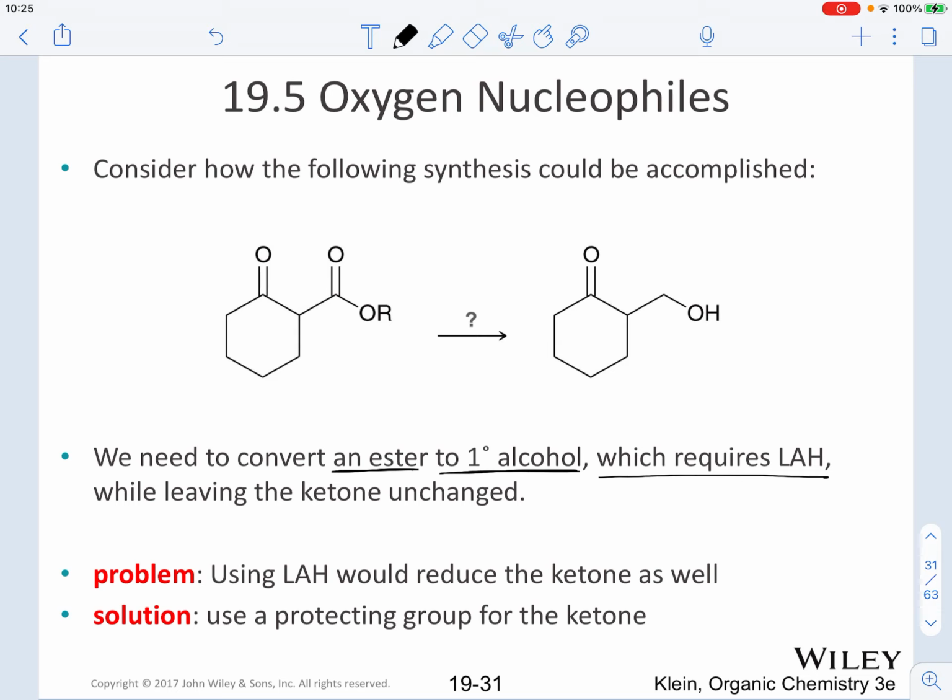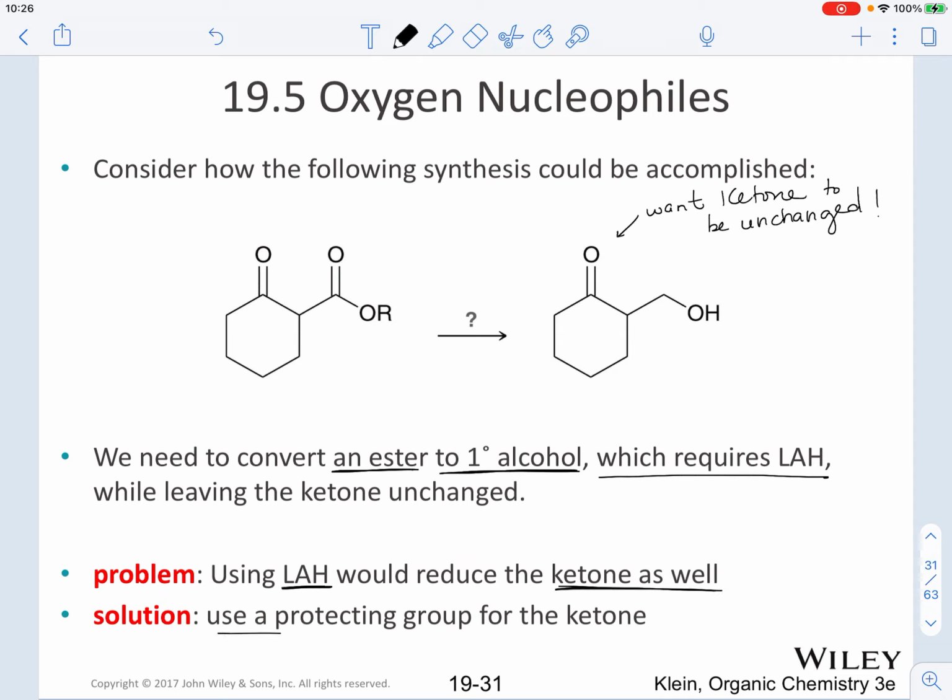But the thing is that in this synthetic strategy, if you utilize those conditions, as you can see, in our target product you want that ketone to be unchanged. So the problem here is that lithium aluminum hydride will not selectively reduce the ester to the alcohol. It will also reduce the ketone. So how do we go around that?